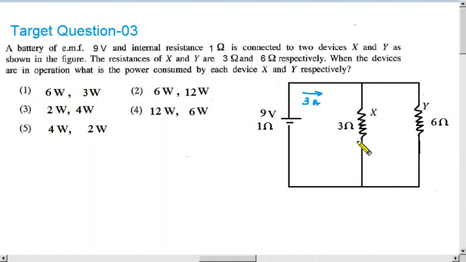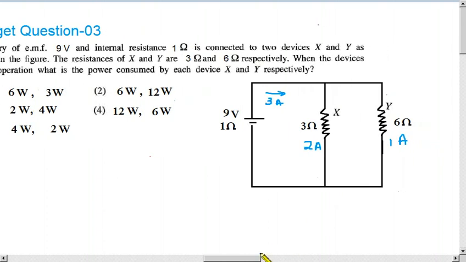Then 2 ampere here, 1 ampere here. Then the power, 2 times 2 is 4, 4 into 3 is 12 volt, 12 watt. Then 1 times 6 is 6 watt. This one is the answer.